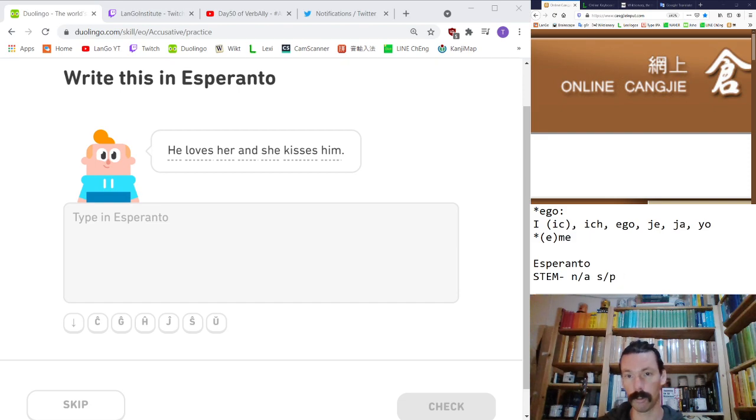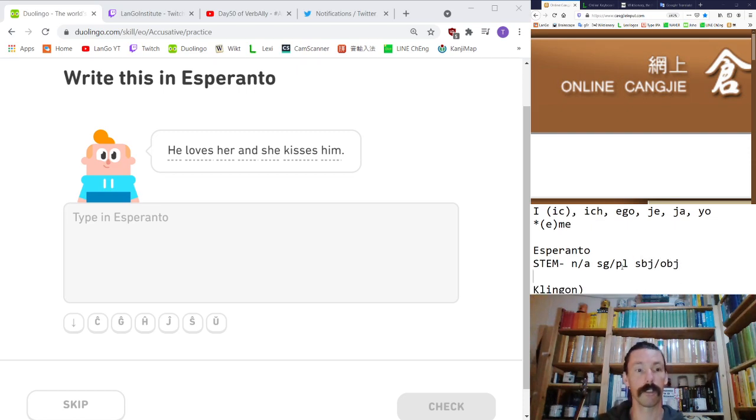And then you have a bit that tells you whether it's subject or object. It's not too clear. But anyway, SG/PL, SBJ subject, OBJ object.